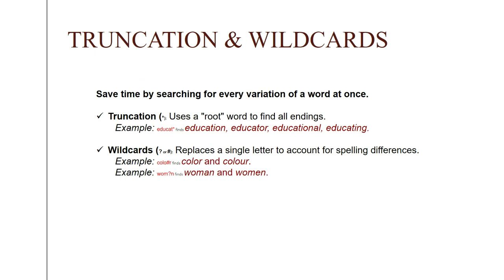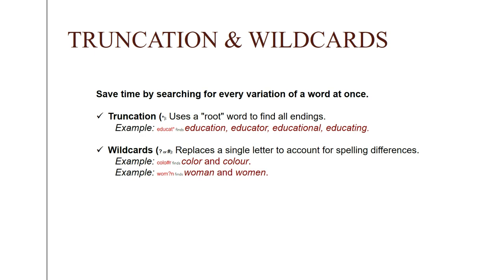Okay. We can also use truncation and wildcards to save our time. There are cases where there are variations in one word. Truncation uses a root word to find different endings.